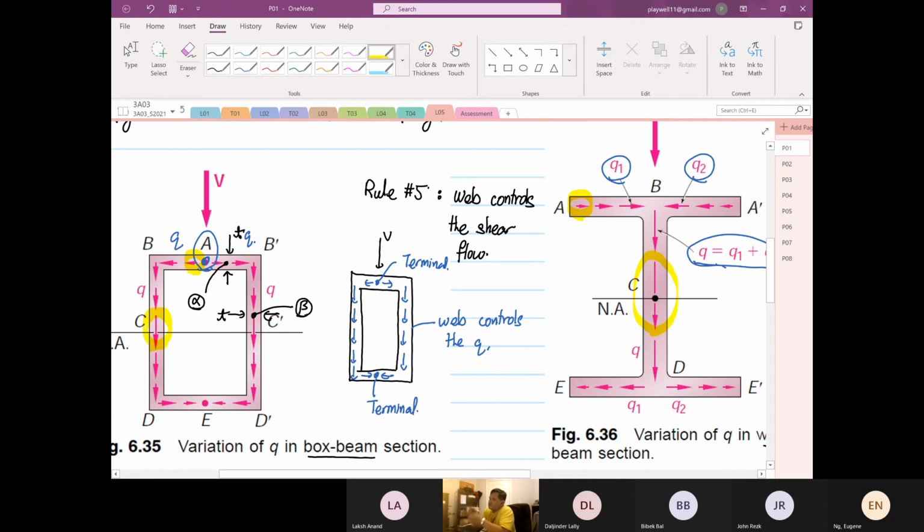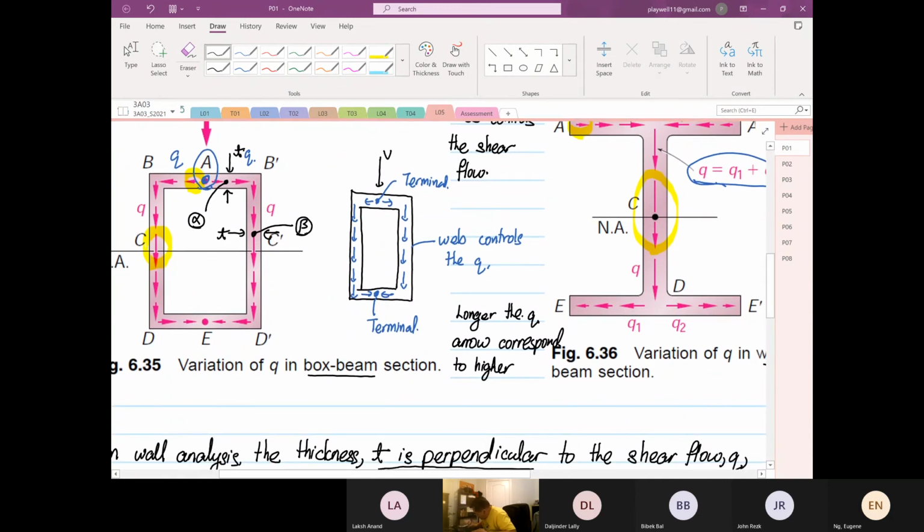What this means is the magnitude is bigger. The longer the arrow, the shear flow Q arrow corresponds to higher magnitude.